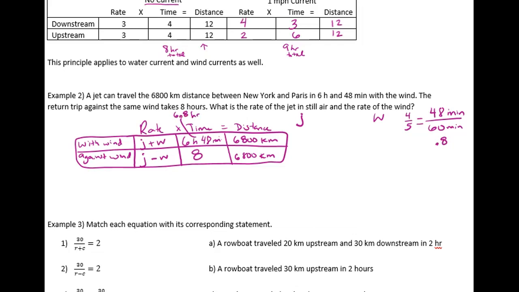Now we have some equations that we can set up. We can set up this first row and this second row. So the rate times the time equals the distance. And then the second one, the rate times the time equals the distance.